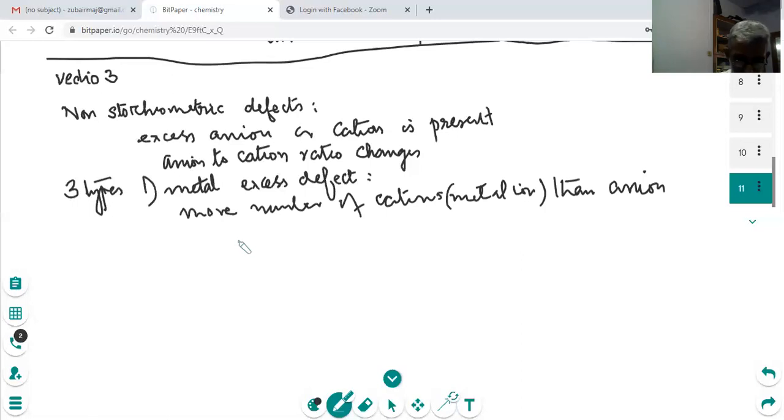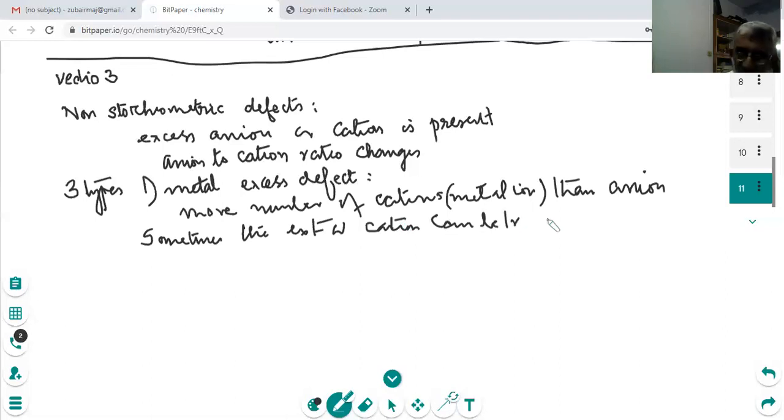Now the extra cation can be trapped into interstitial sites also. Sometimes the extra cation can be trapped into the interstitial space.